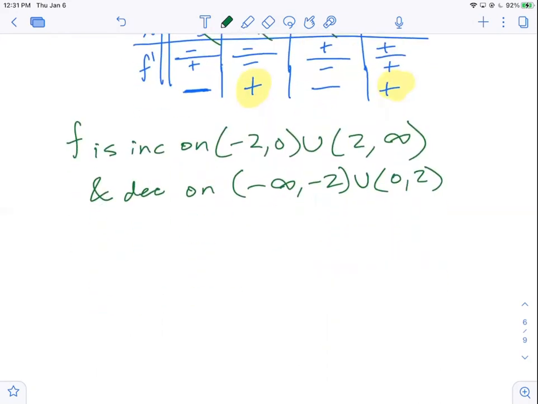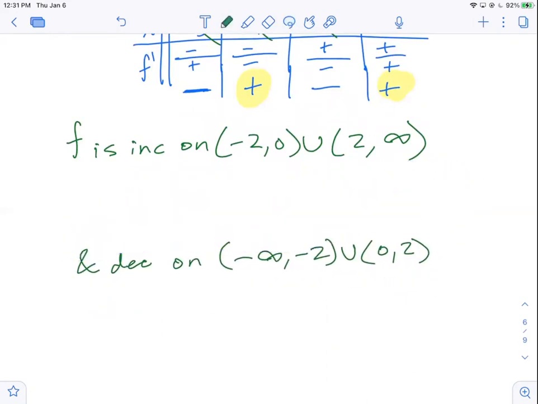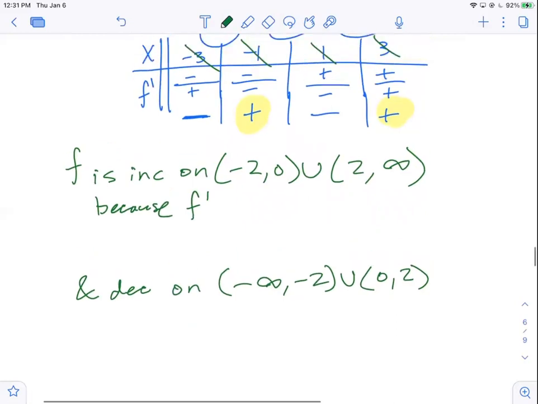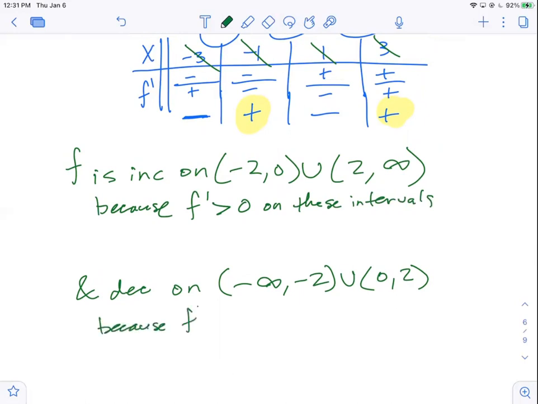Okay. So let's go ahead and justify. With notability, we can move this down. F is increasing on those intervals because F prime is greater than 0 on these intervals. And then it's decreasing on that interval because F prime is less than 0 on these intervals.